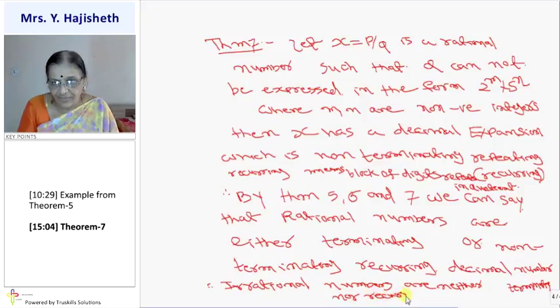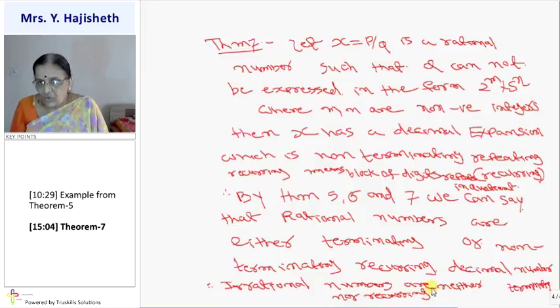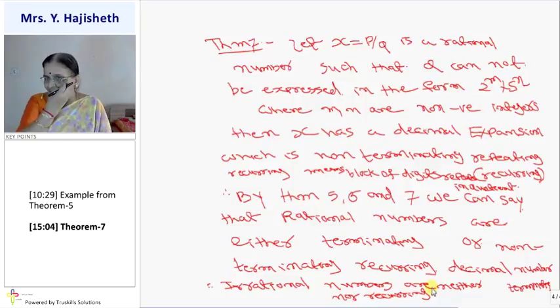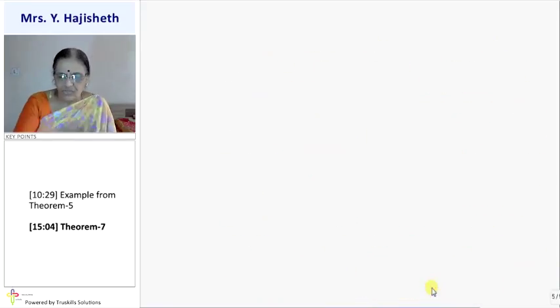Okay? Irrational numbers are neither terminating nor recurring. So are you clear about decimal expansion of rational number and irrational number?